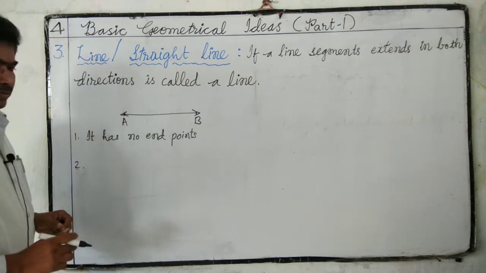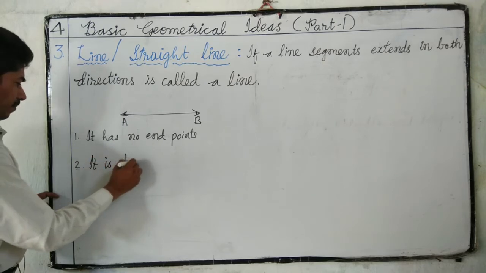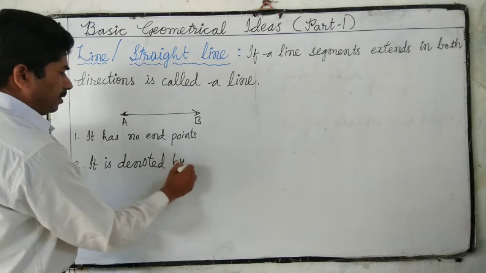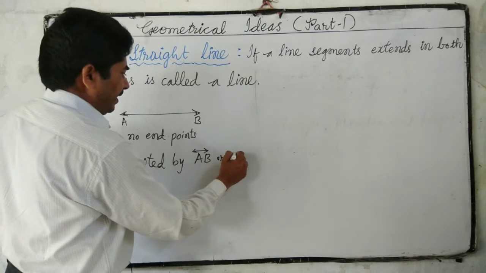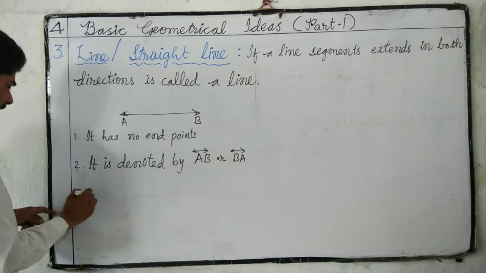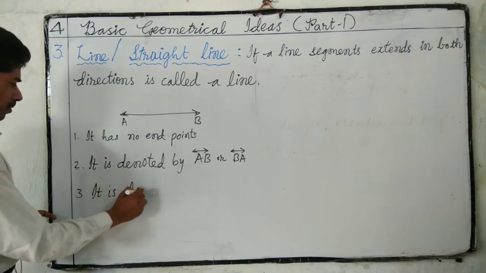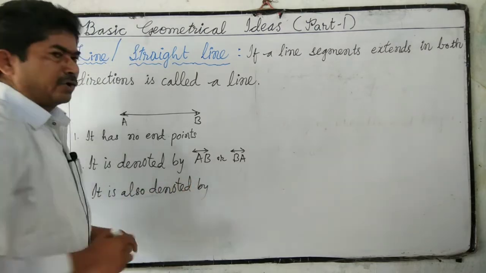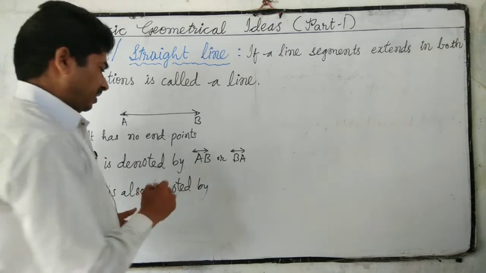A line is denoted by AB, line AB or line BA, and also denoted by English small letters, lowercase letters.